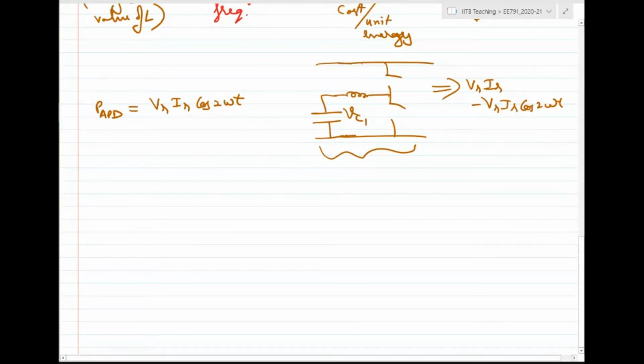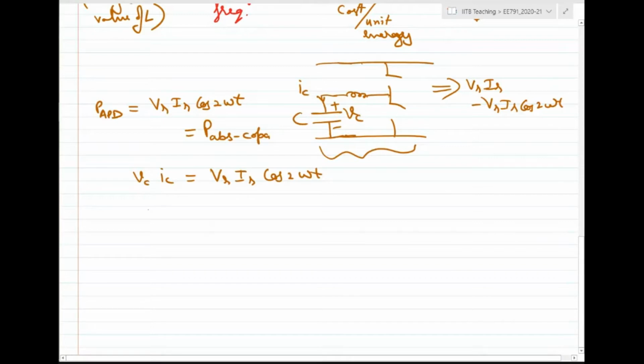And for this active power decoupling to absorb this power, as we have just discussed, the only energy storage element in this circuit is this capacitor C, nothing else. So this C must be absorbing this power. Therefore this should be equal to the power absorbed by this capacitor C. Now I can rewrite this: if the voltage across C is VC and the current flowing in C is IC, at any instant VC times IC, both functions of time, is given by VR IR cos of 2 omega t.